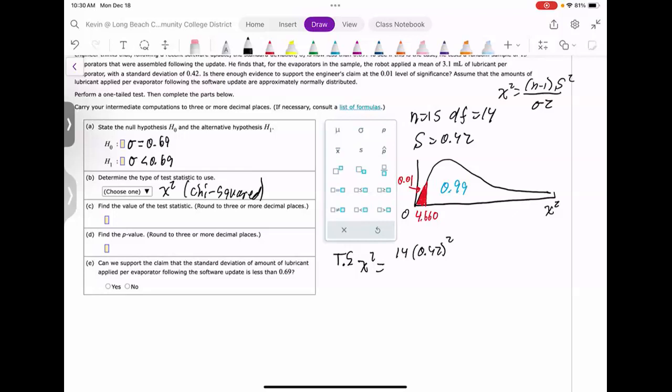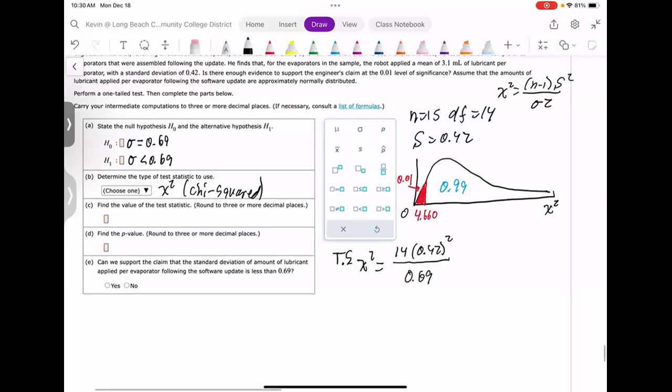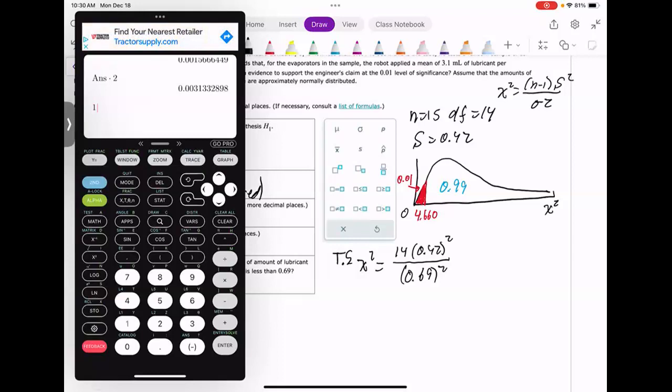In this case, I have to square it because we're dealing with standard deviations, over 0.69 squared. Let's see what we get. So we're getting 5.187, which I'm going to notice is not in our critical region.